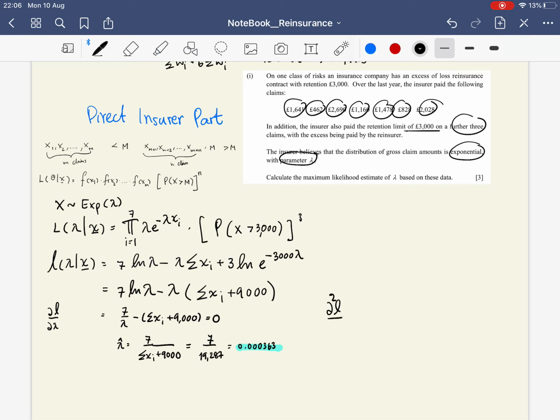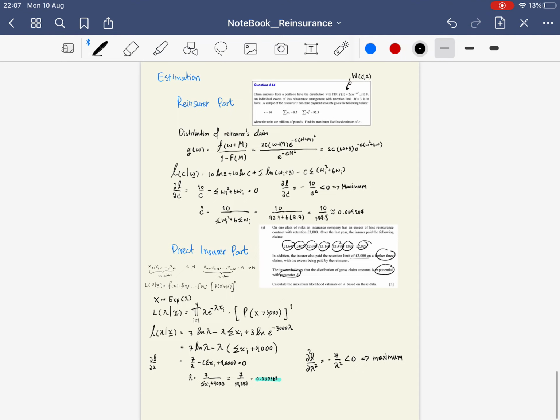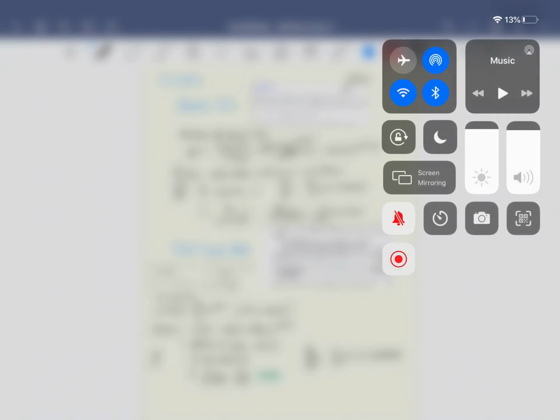And just to confirm that this one is the maximum point of the likelihood function, we differentiate one more time, and we have negative 7 over lambda squared, which is always less than 0. Then we conclude that this is the maximum point. Okay, and that's all about the estimation. Thank you.